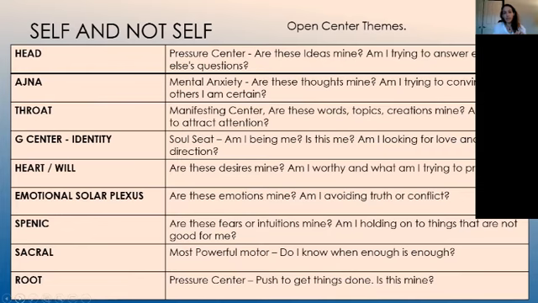Because we're all meant to really know who we really are. And if the impulse with an open center is actually to feel unworthy or unlovable, then we realize that most of the people on the planet are feeling this way.